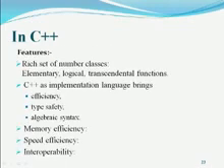Features of CLN: rich set of number classes, integer, rational, short float, single float, double float, long float, complex, modular integer. C++ as implementation language brings efficiency, type safety, algebraic syntax.